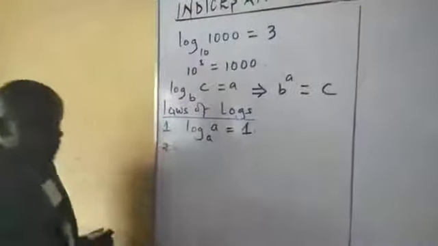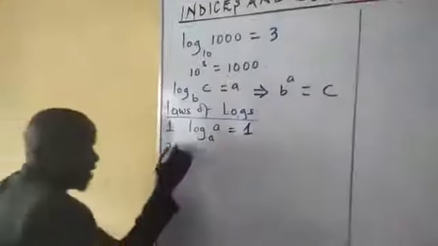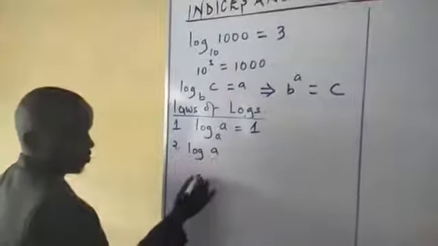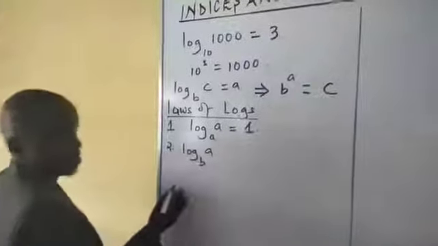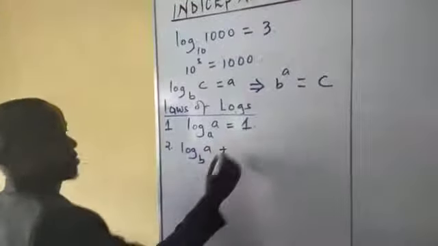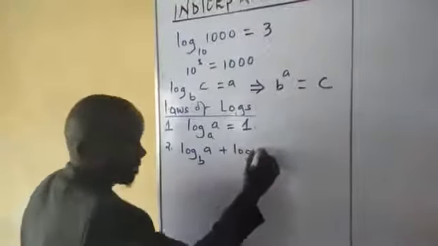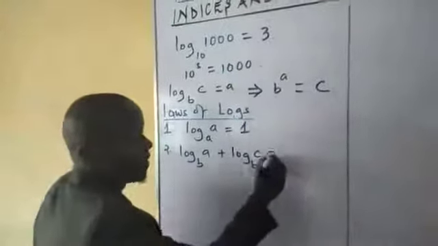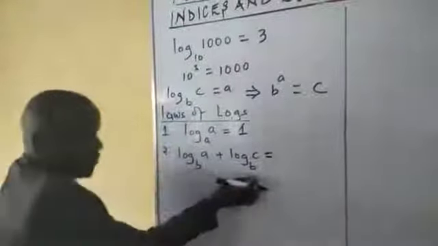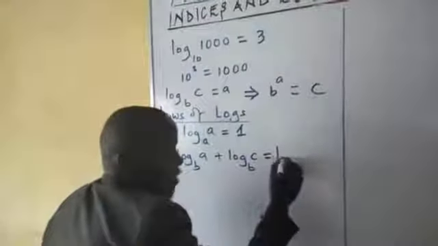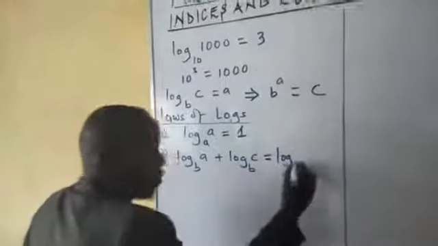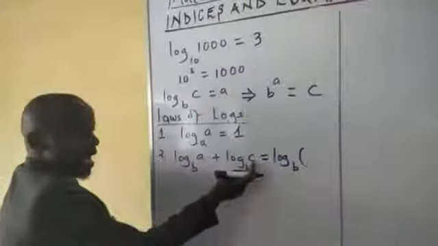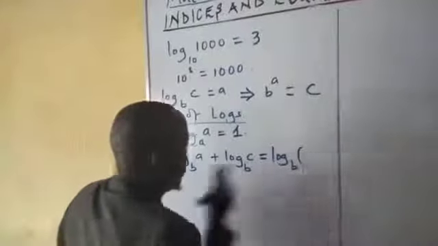Law number 2 of logarithm says that if you have the logarithm of a number a to base b plus the logarithm of a number c to the same base b, then because the base is the same, you just have to get the logarithm to base b of a times c.